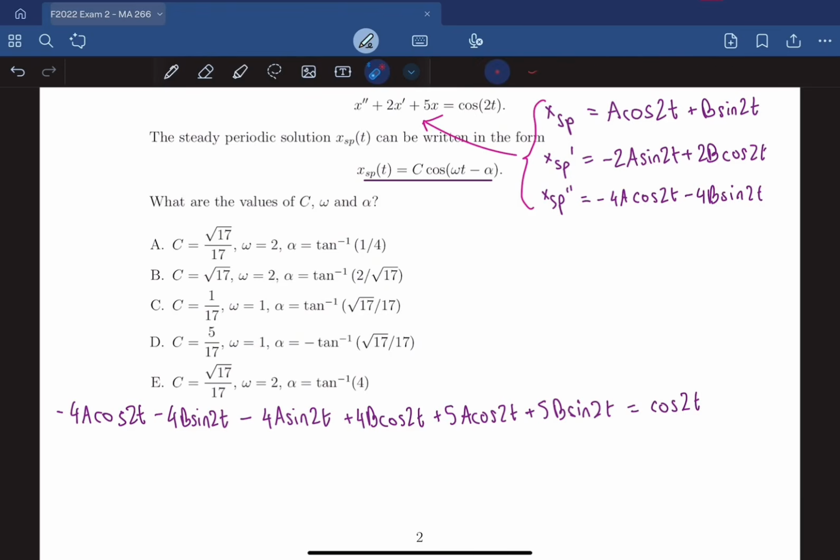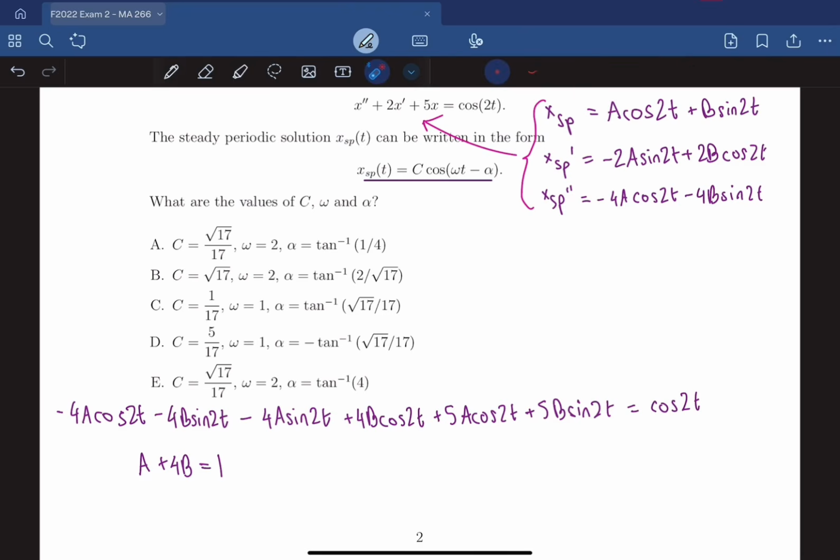There's 1, there's 2, there's 3. And we're going to gather the coefficients of those terms. So we have negative 4a plus 4b plus 5a. Negative 4a plus 5a is just a. So we're just going to have that, and then that equals 1.